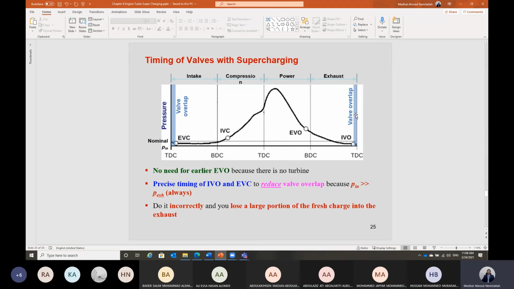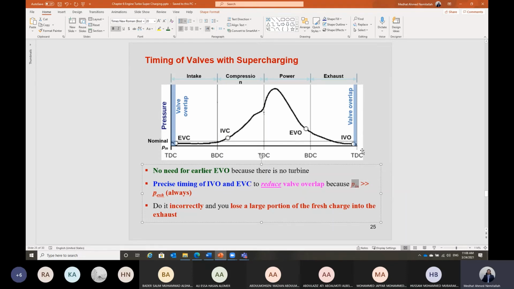Why do we reduce the overlap period in the case of a supercharger? As I told you, if the intake pressure is increased too much during the overlap period, the incoming fresh charge under high pressure will go inside the cylinder through the clearance volume.